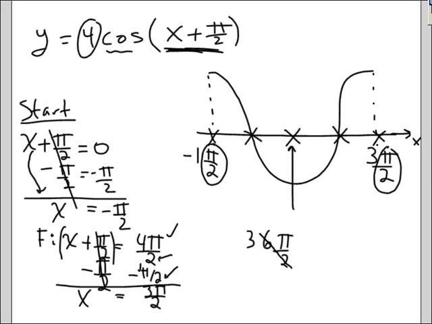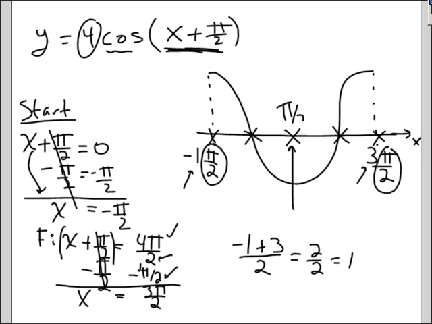But nonetheless, we're going to come up with a number times pi over 2. We are going to ignore the hardest part of this. We're going to ignore pi over 2. What's in between negative 1 and 3? Well, if you add them up and divide by 2, you get 2 over 2 or 1. That is, you get 1 pi over 2.